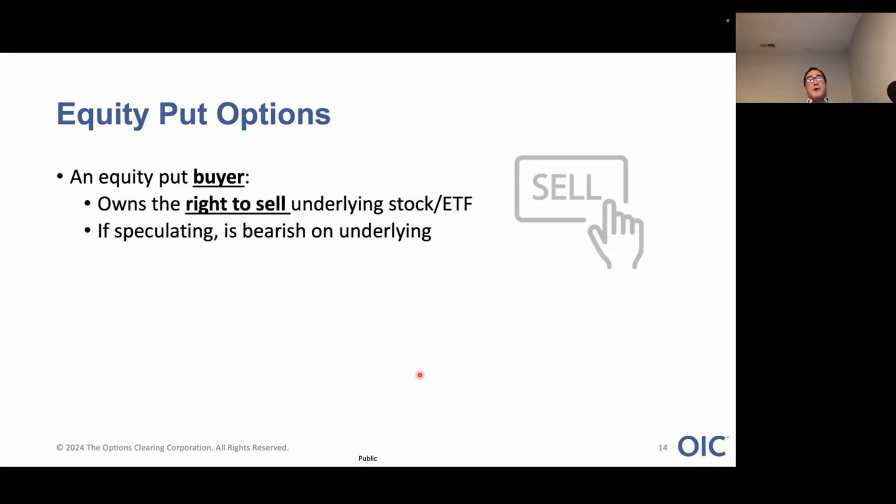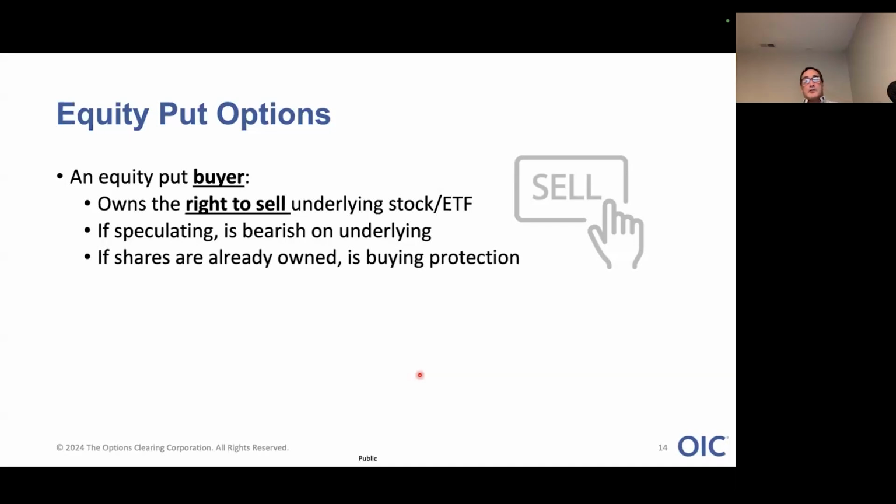This affords you the right to sell shares at your strike price on or before expiration. You might do this if you think a stock is going to go down, maybe on earnings, or you think the market's overbought. For whatever reason, it's a way to speculate on a downside move.